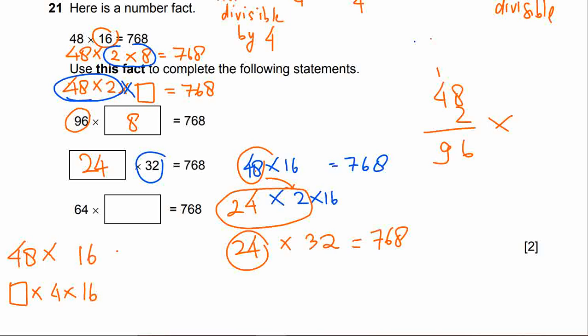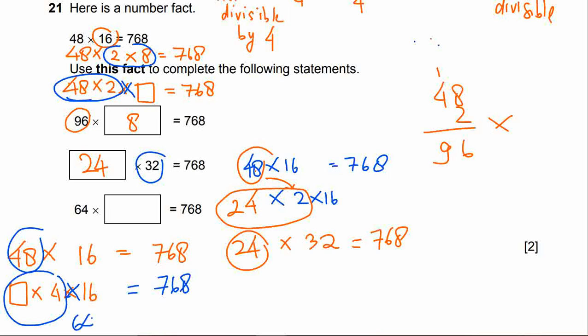Now I break 48 into something with 4, so we get the same number. 4 times 16 is 64. 64 times something to get 768. Now 48 divided by 4: 8 divided by 4 is 2, 4 divided by 4 is 1. 12, so it must be 12.